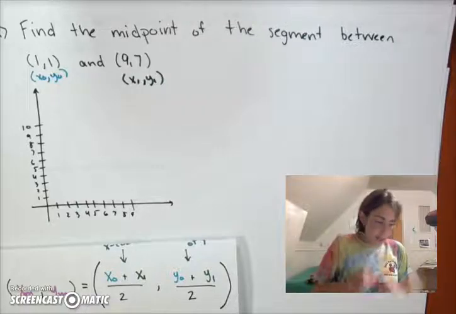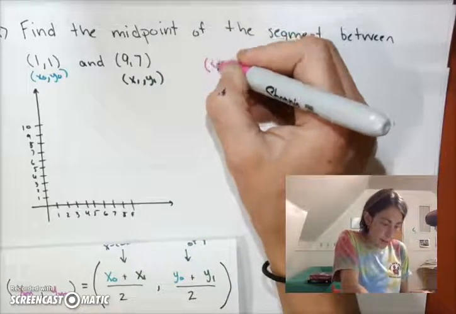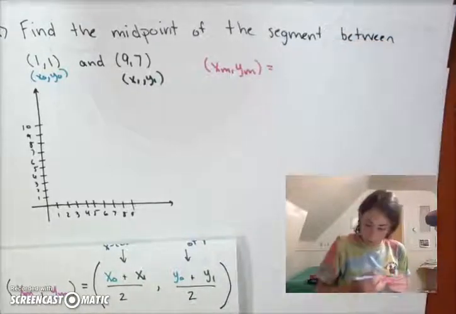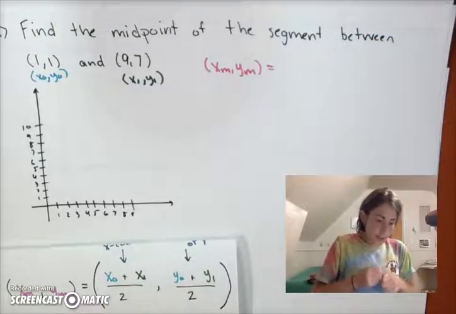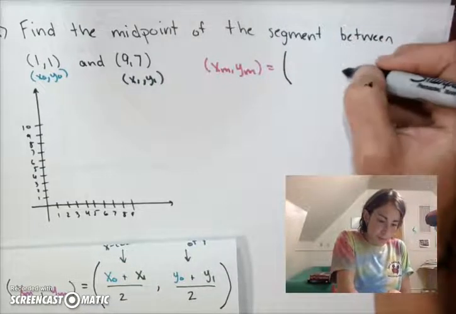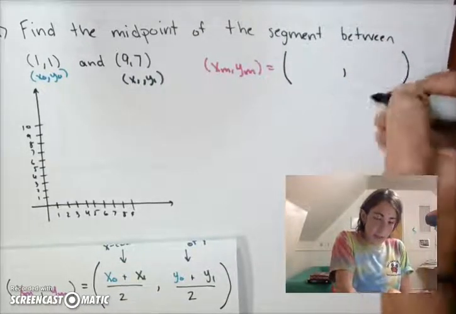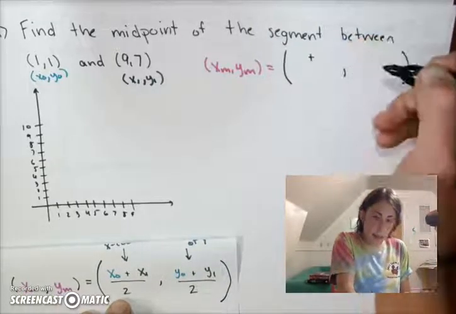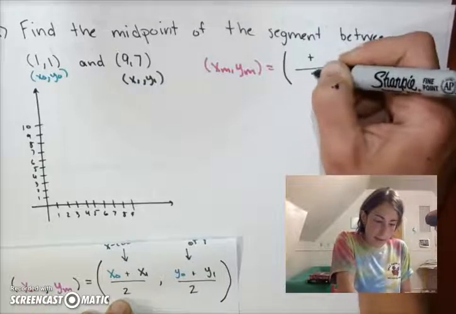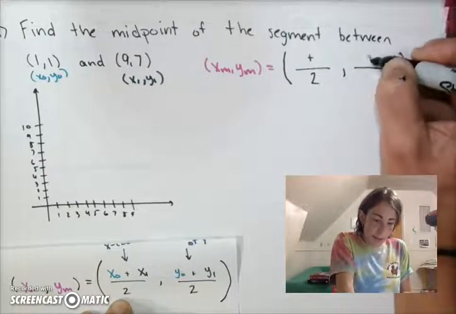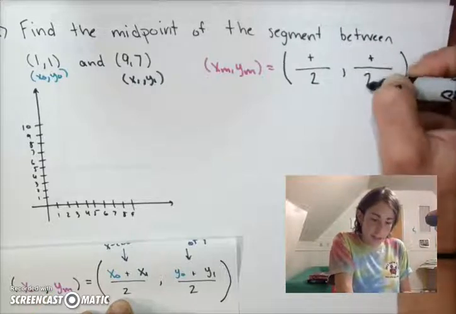And then I'm trying to find xm, comma ym, the coordinates of the midpoint. So what's the structure? I'm going to have an ordered pair, so I'll have an x coordinate and a y coordinate. I get the x's by adding the two other x's and dividing by 2, taking an average. I get the y coordinate by adding the y coordinates and dividing by 2.